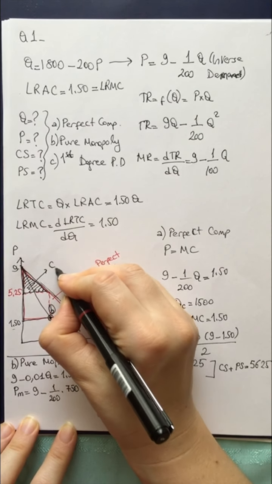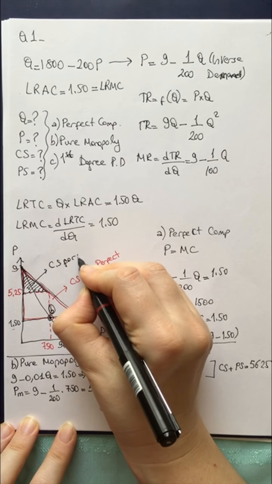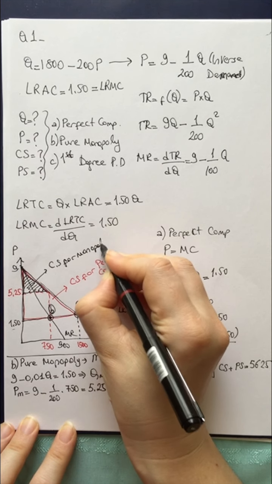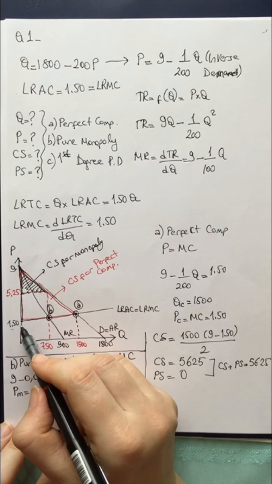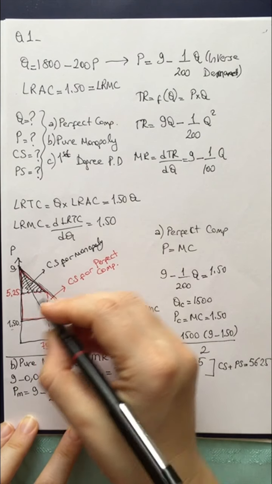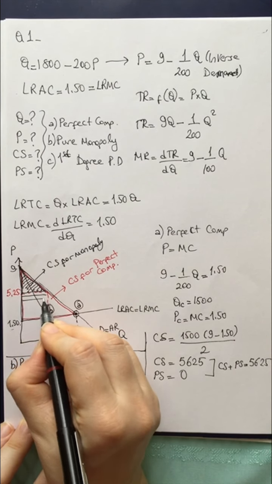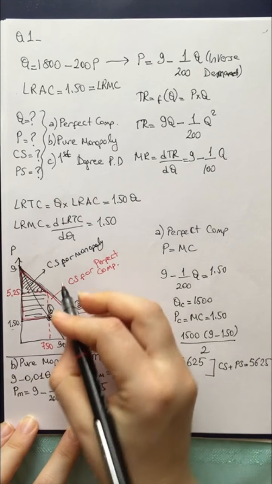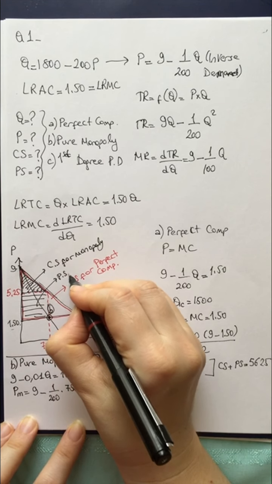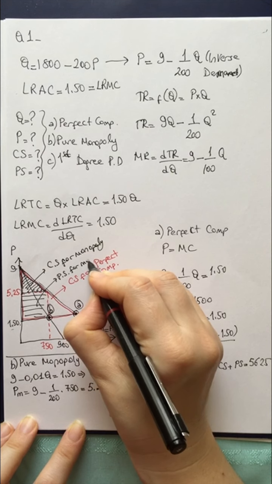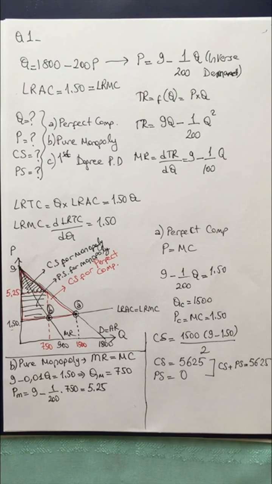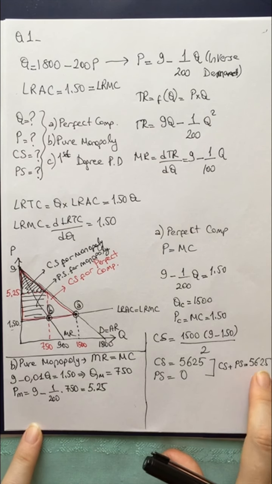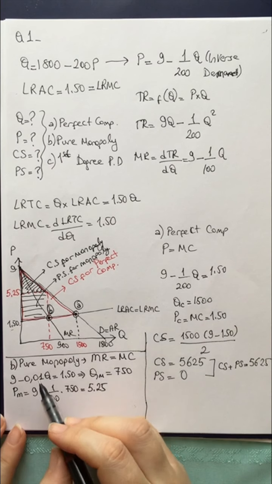And the area below the price of 5.25 and above 1.50, here, is the producer surplus for monopoly. Let's find the sum of consumer and producer surplus to compare the situation with perfect competition.